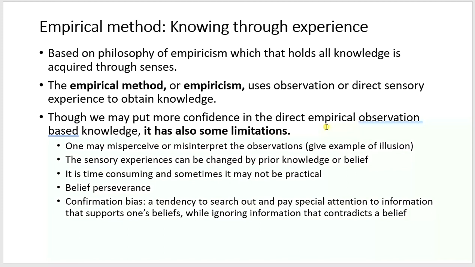So the empirical method is a good method of knowing, and scientists also use the empirical method, but the pure empirical method, just observation alone, may not be a scientific approach of knowing. So all these five methods are in themselves not the true scientific method.